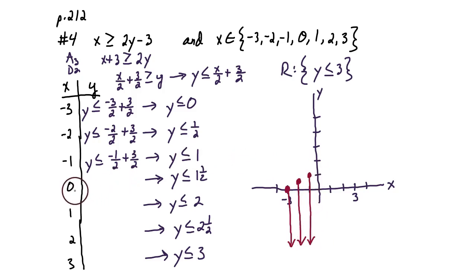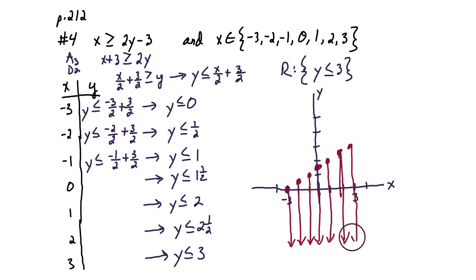Next row, when x is 0, we want to close the dot at 1.5, and show going down from there. Notice the pattern is the dots continue to go up by 1/2 as you travel to the right. Oops, I need to make sure I go through 2 there. And here I need to make sure I go through the 3. And there's that graph.